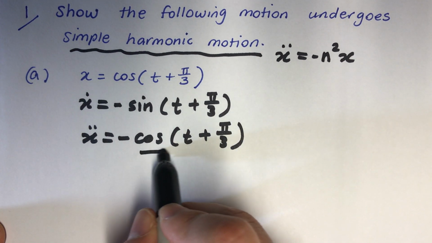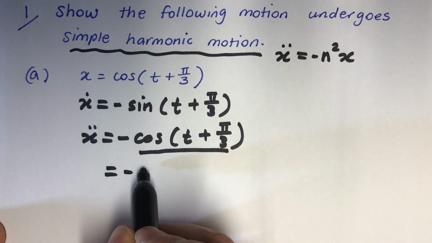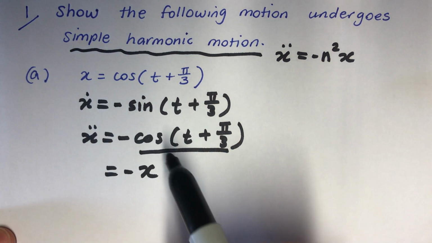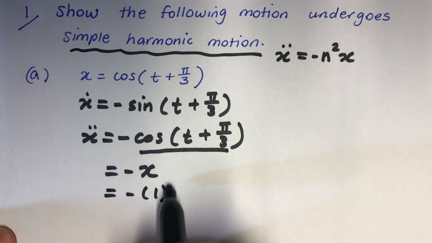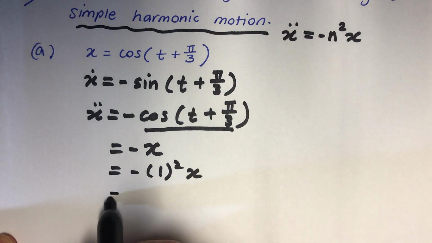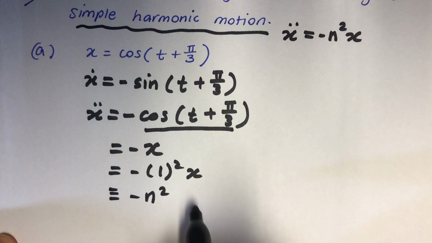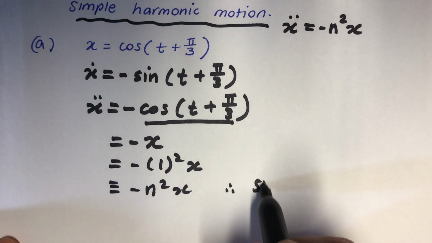But this is x, isn't it? So I can rewrite this as this. Now how am I going to change this one to this? Well, if I do that, your n is the same as this. So therefore, it's a simple harmonic motion.